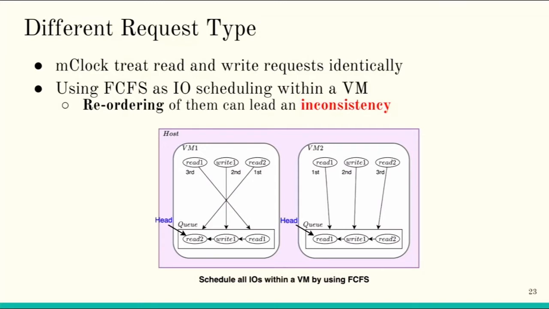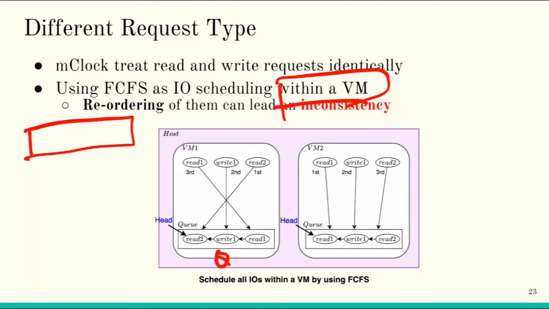So this algorithm simply uses FCFS, first come first serve, or FIFO, first in first out, as IO scheduling within the VM. Take note here, within the VM, because we have a queue here. This is the queue within the VM.